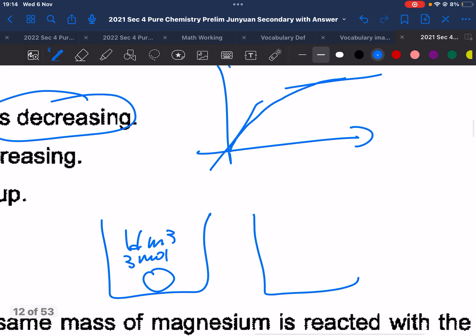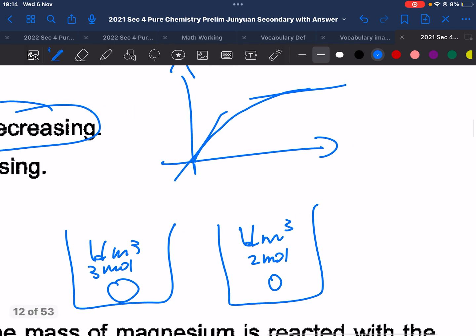In the same 1 dm cube, unless the water evaporates, but most likely the water will not evaporate, I actually have 2 moles now. Things of course reacted, so it became smaller. So this means that the concentration decreases.